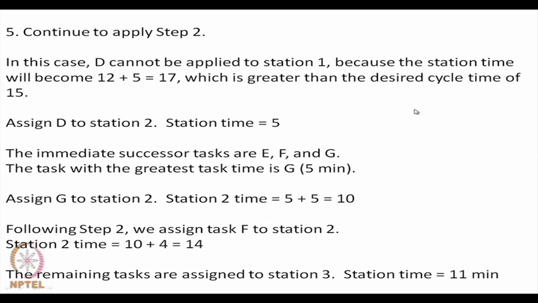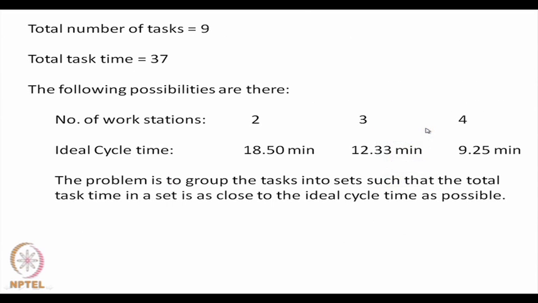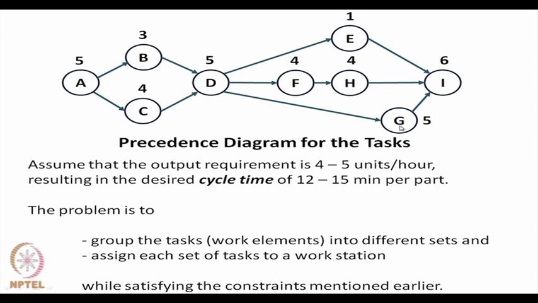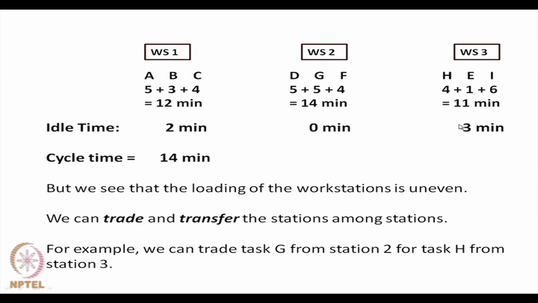And if we look at the precedence relationship, once F is complete, G and H can be put anywhere. So, we are putting G here and H here.